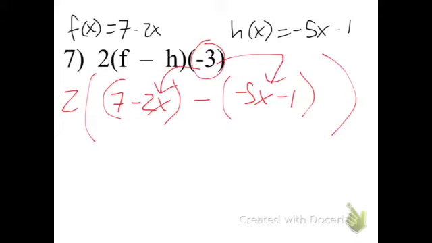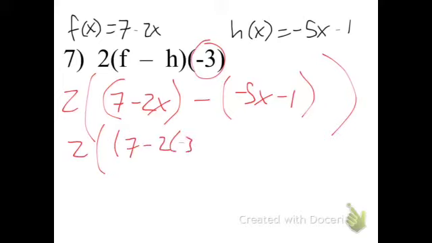I want to sort of make things easier for myself. So we're going to have 7 minus 2 times negative 3 minus, parentheses a little big, minus negative 5 times negative 3 minus 1.